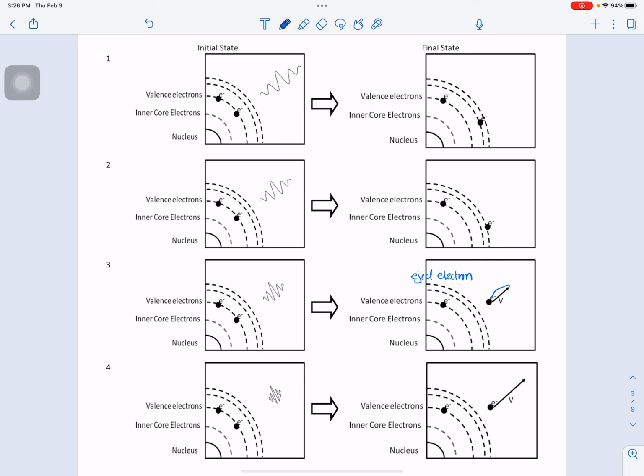And it has this amount of velocity. And in the last case, I have also ejected an electron, and it has this amount of velocity. So that's kind of the basis. I think from just this, you'll be able to answer the questions. And so there we go.